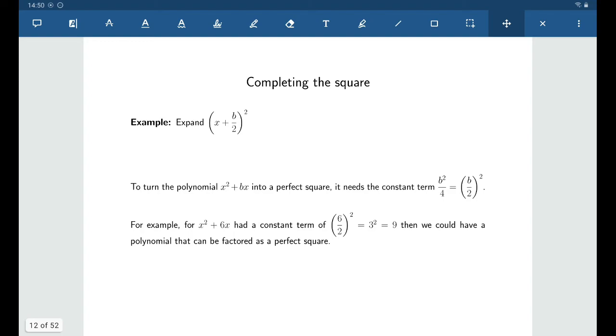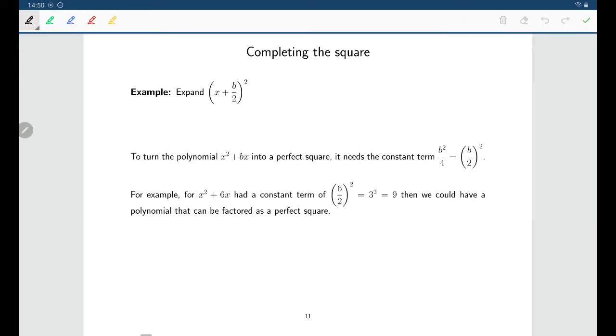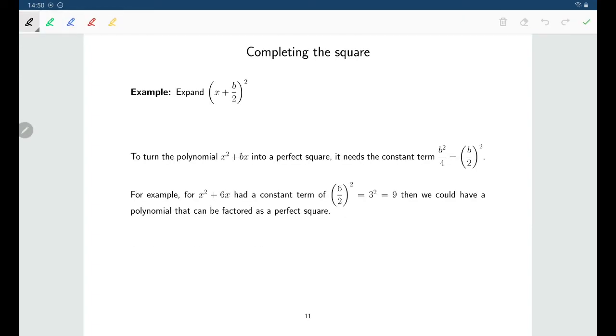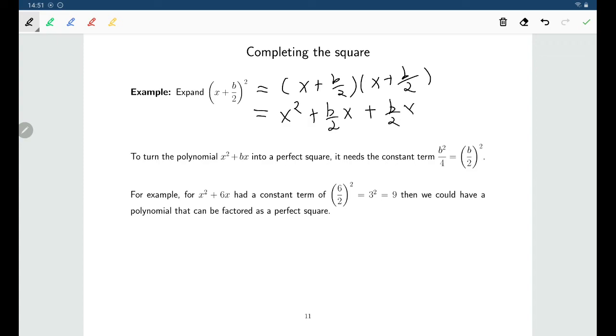One last little add-on here. This isn't really so much a factoring technique, but it is something that's related to factoring. If you were to look at this x plus b over 2 squared, if you were to expand that, if you were to take x plus b over 2 times x plus b over 2 and multiply that out, you would have x squared, b over 2 times x, another b over 2 times x.